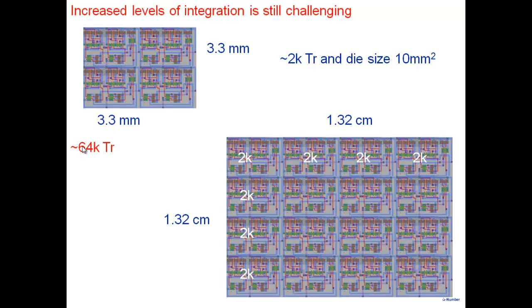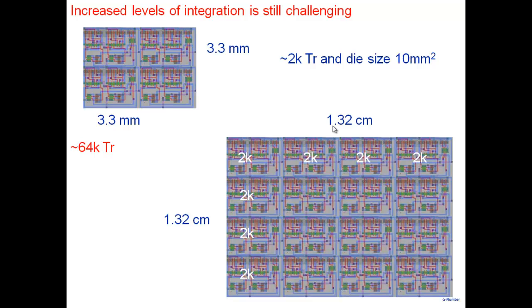I can take 2K, 8K here and 8K here, and eventually arrive at a 64K array of transistors. The size would become, if I just multiply 4 by 3.3, 1.32 centimeter, and another 1.32 centimeter. Again, not very large, right? 64K transistors crammed into 1.32 by 1.32 centimeter square.